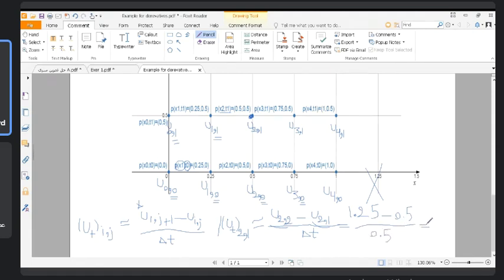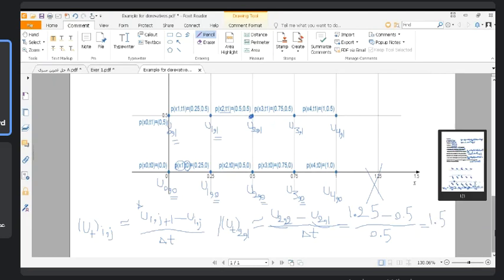And then what about the result? We should compute 1.25 minus 0.5 over 0.5, and we have 1.5.